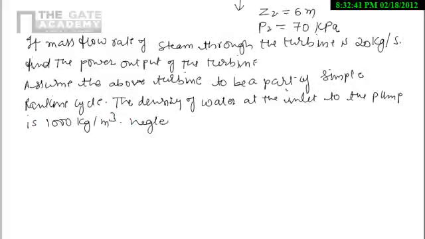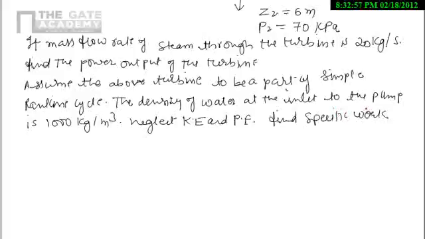Neglect kinetic energy and potential energy. Find the specific work, that is kilojoule per kg, supplied to the pump. So in that problem we are interested in the power output of the turbine, and in the second part we are interested in the pump work.